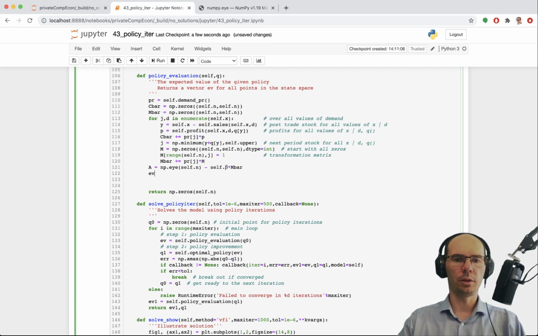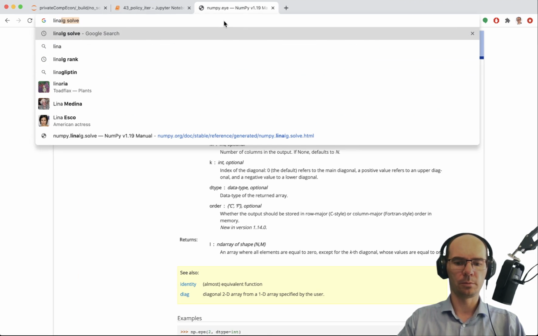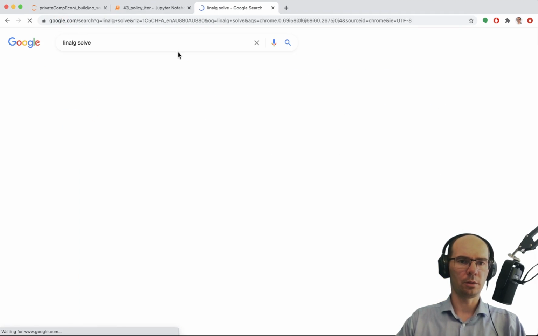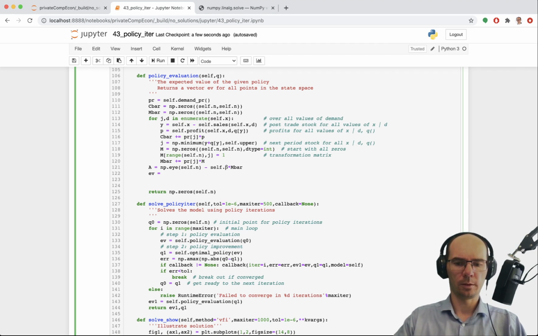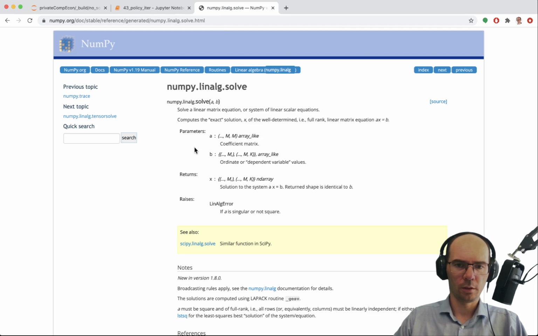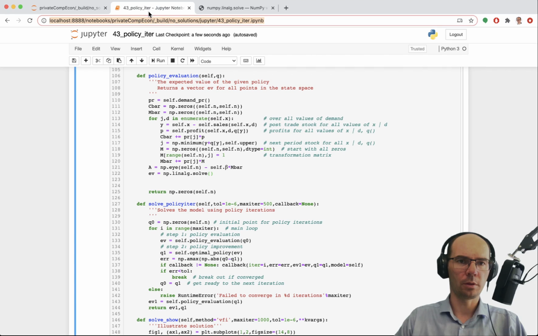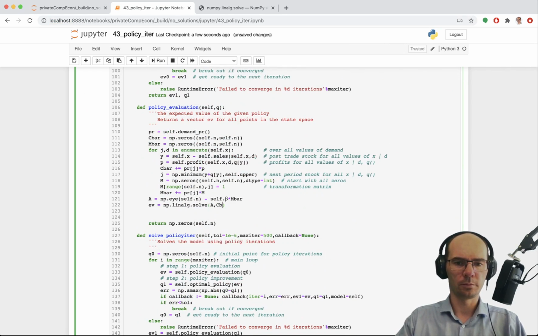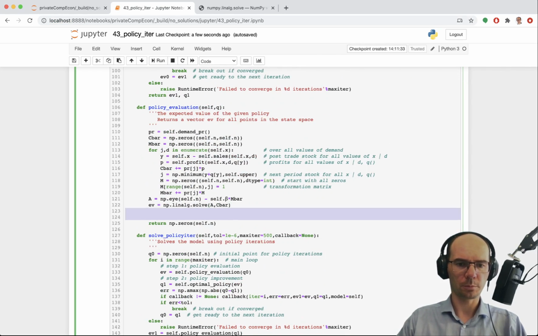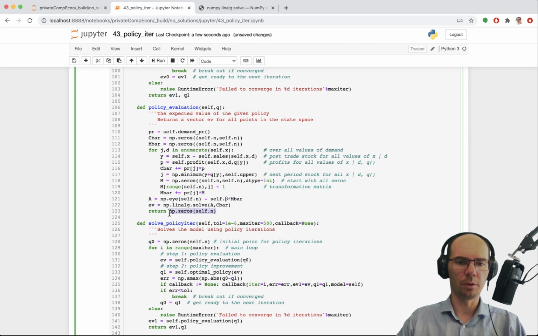Okay, and then finally, EV is just the linalg solve, NumPy. It needs A and B, essentially. So A, and on the other side, it's just the C bar. And we can return EV.